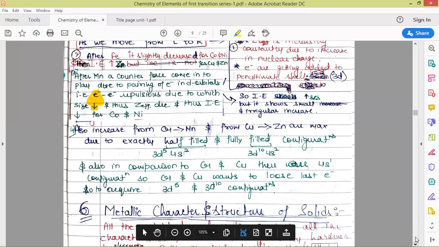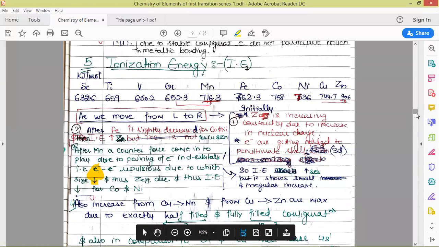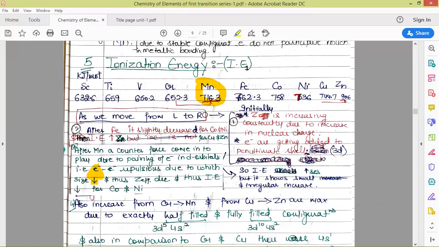If we compare them to their preceding members, they want to lose the first electron that is present in 4s1 and to acquire the exactly half-filled and fully filled electronic configuration. So this is the driving force for the exception for manganese, exception for the whole series, and this is why there are few exceptions.